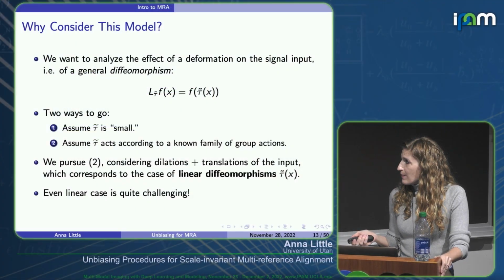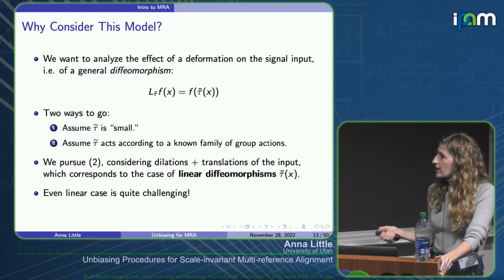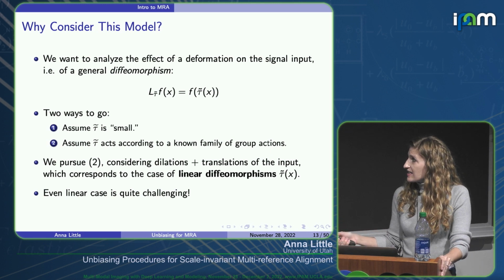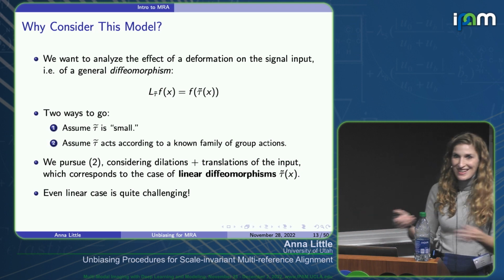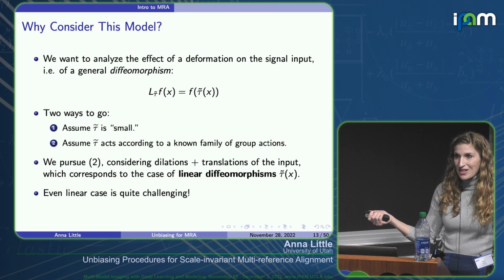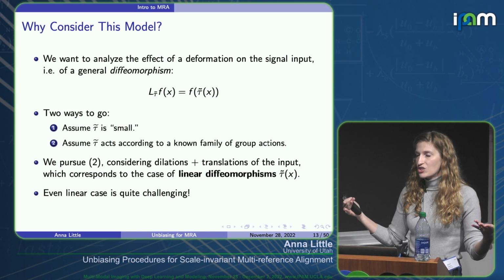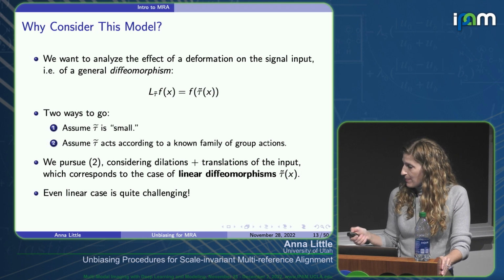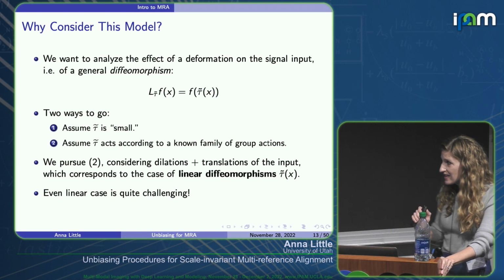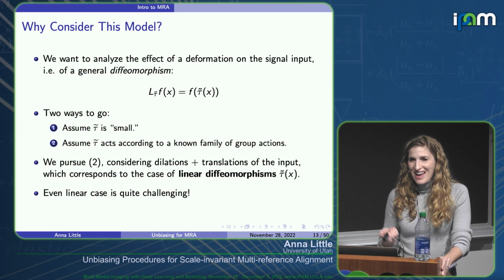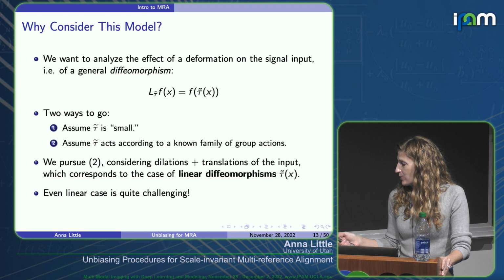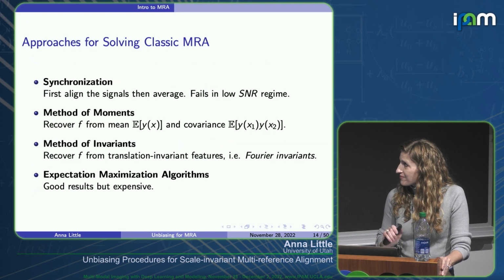Translations and dilations are also a natural starting point because it's the case where this tau tilde is linear. So in some sense it's the simplest function you could consider if you want to start off analyzing the effects of diffeomorphisms. But even though it's the simplest case, it's still quite challenging, and solving the model, even just in 1D, poses a lot of challenges.